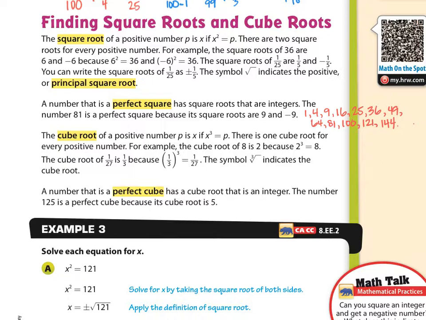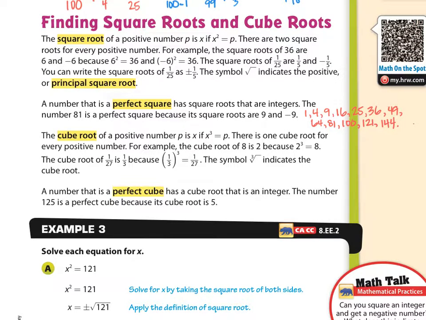I highly recommend you memorize up to 12 squared. That's going to help you a lot, and you don't have to do as much scratch work, or just think as much about these if you memorize those ones. So those are our perfect squares.